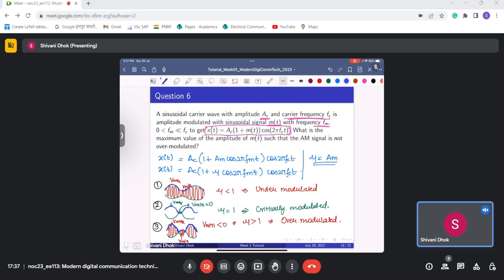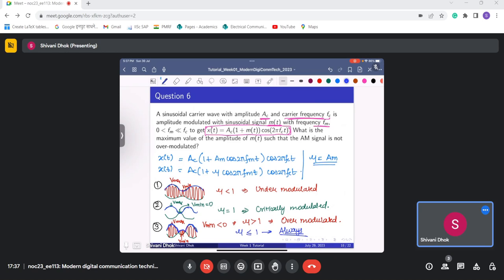So we want to avoid this overmodulation case by setting μ always less than or equal to 1, because μ greater than 1 will give me an overmodulated signal, and that will lead to envelope distortion.